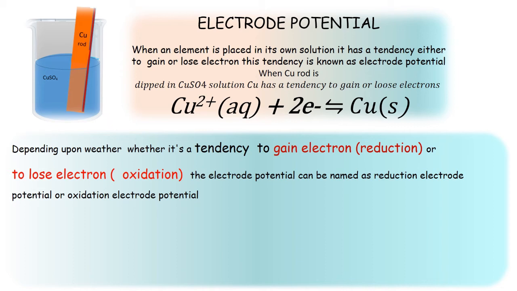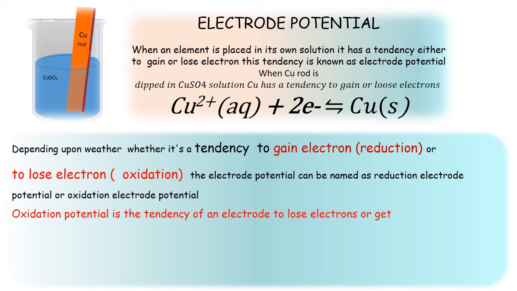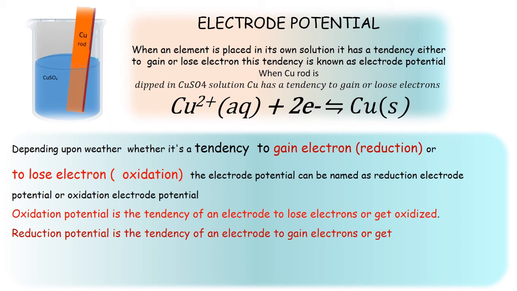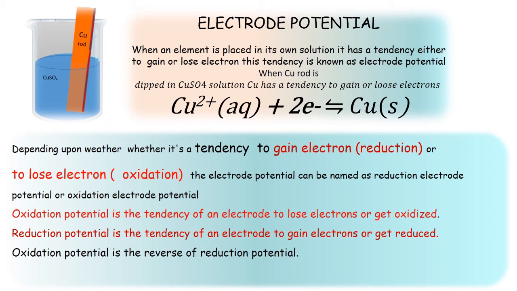Remember, tendency to gain electron is reduction electrode potential and the tendency to lose electron is known as oxidation electrode potential. Oxidation potential is actually the reverse of reduction potential.